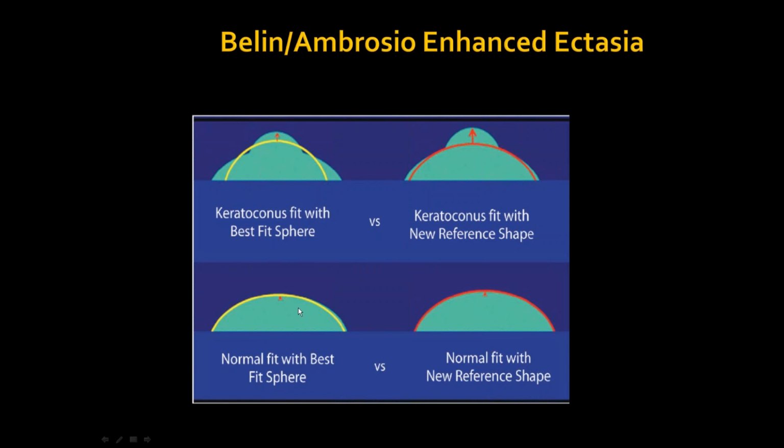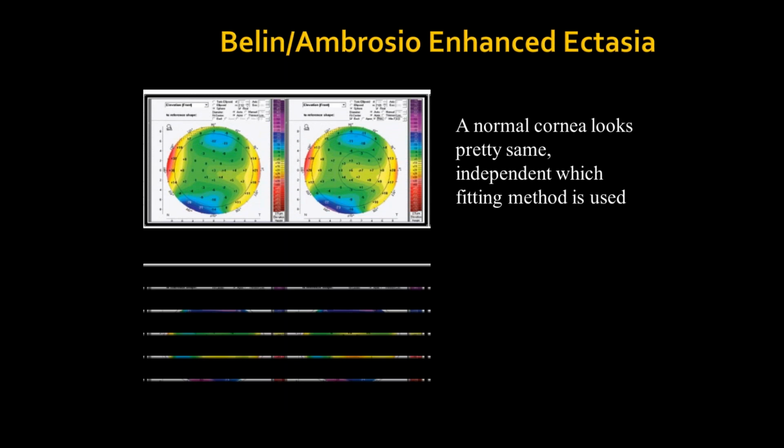Apply the same method to a normal non-keratoconic cornea, those reference spheres are going to be exactly the same. They don't change because the data around the thin point of the cornea really doesn't do anything to change that reference sphere. So I think we're going to see an example here.